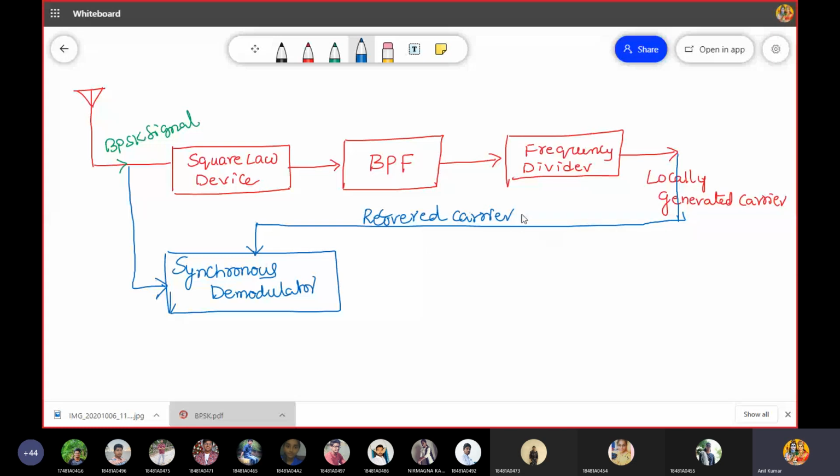I will consider only this cos 2 pi f naught t plus theta. Okay, and now it is given to the next one. What about this one? This is the received input signal.